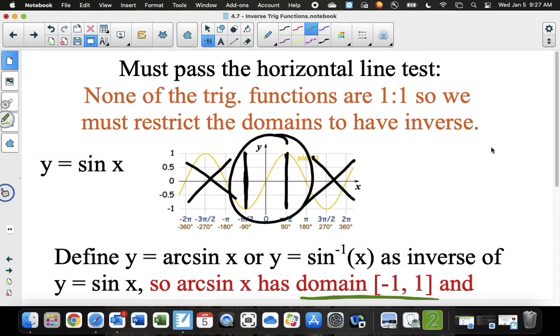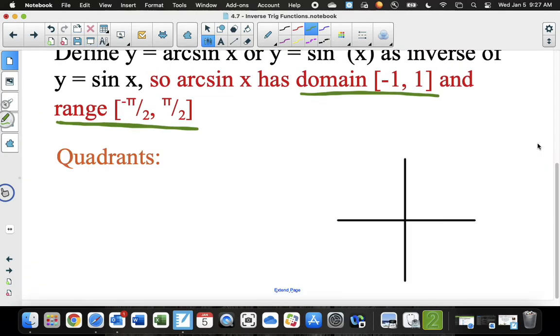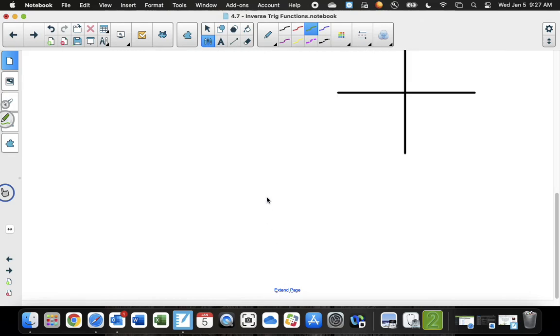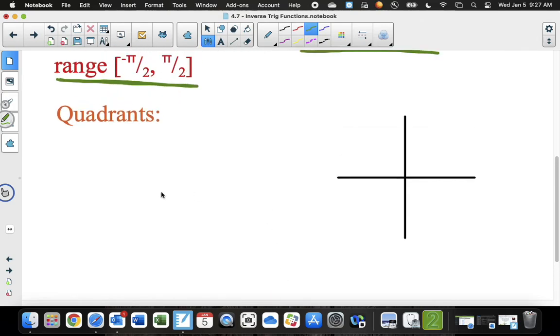Which means, if we look at our unit circle or our quadrants, if we're only between -π/2 and +π/2, we start here, going in the positive direction, here's π/2 right here. Or, because it's going the opposite way, because we're dealing negative, here's -π/2 as well.